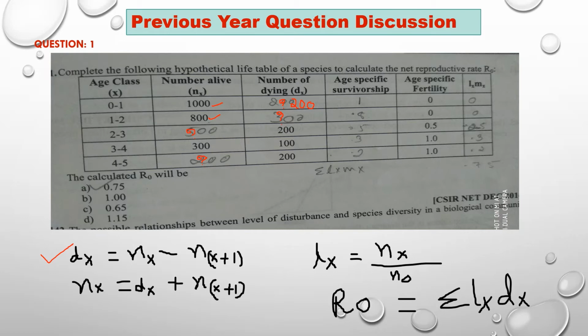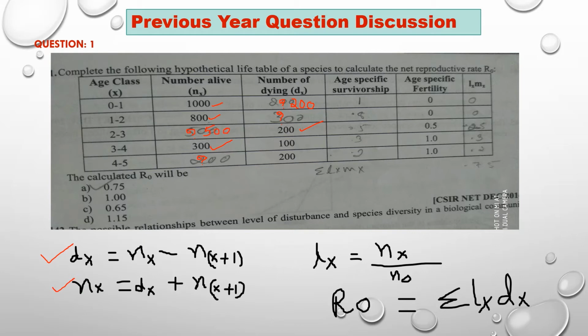For finding Nx value of 2 to 3 age class, we have to add this Dx value 200 and this Nx value 300. That means Nx is equal to Dx plus Nx plus 1. So 300 plus 200, 500. Okay. So Nx is 500 here.